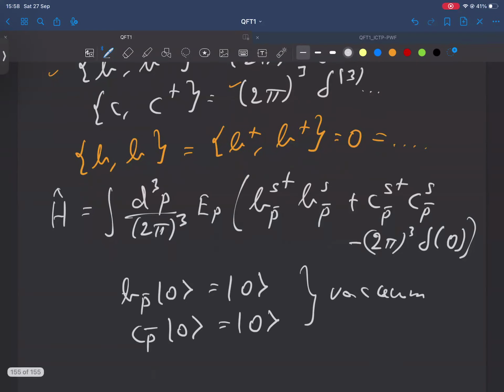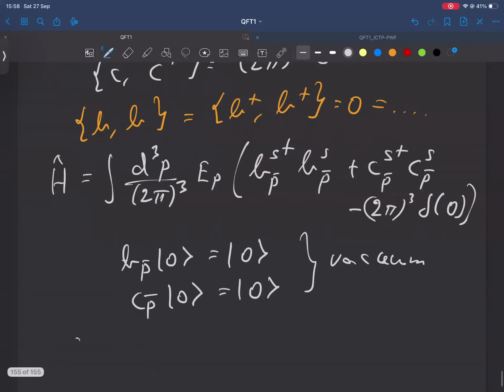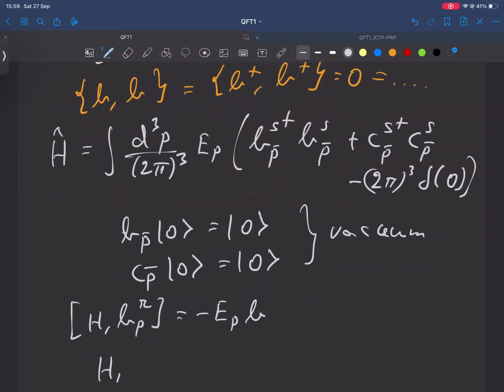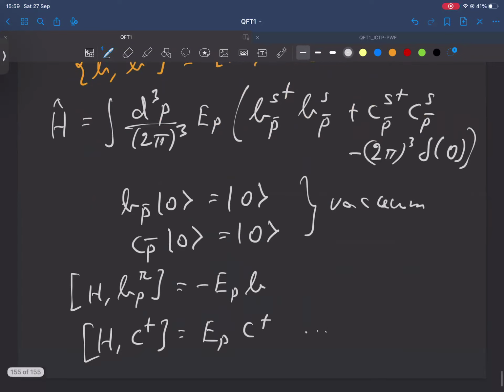And we see that everything will now work out, in the sense that if you compute H with b_p, you will get minus E_p b_p, and similarly H with c dagger will be plus E_p c dagger, and similar relations. So everything will work out exactly how we studied in the complex scalar field case, only if we replace the commutator with anti-commutator relations.